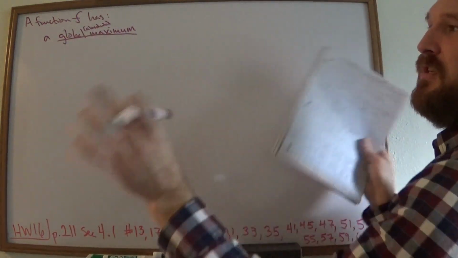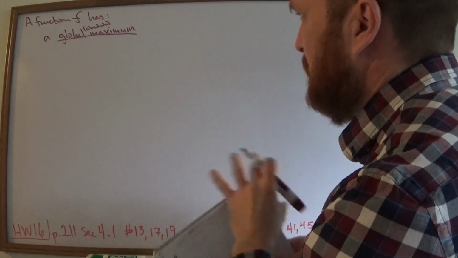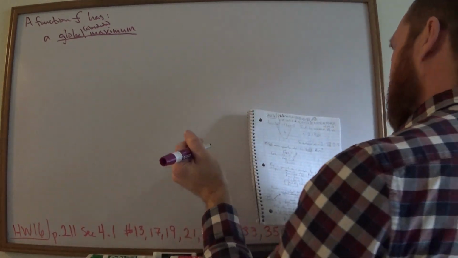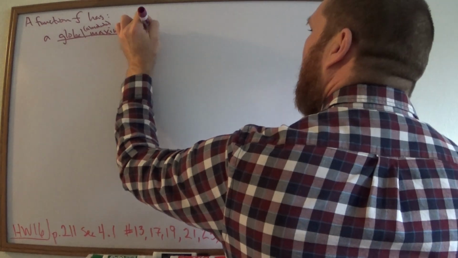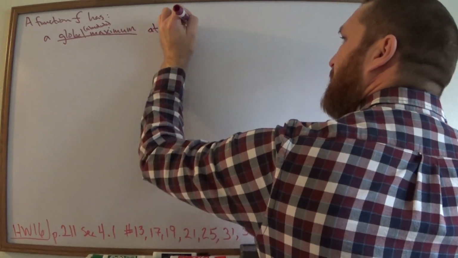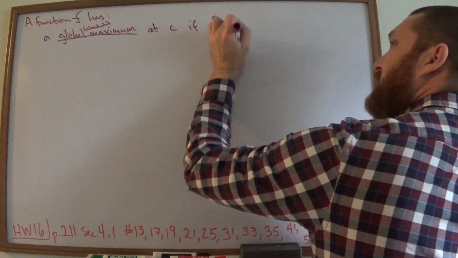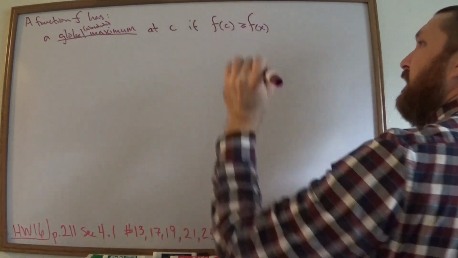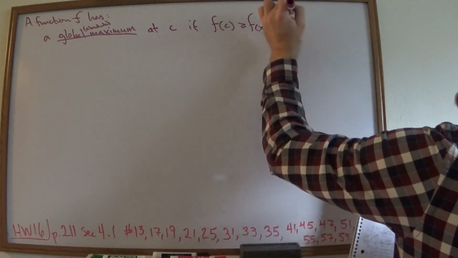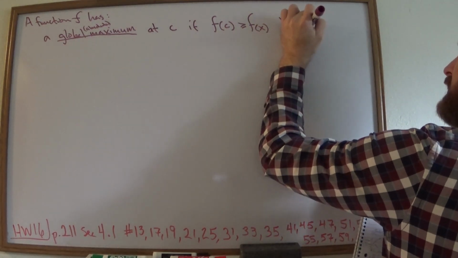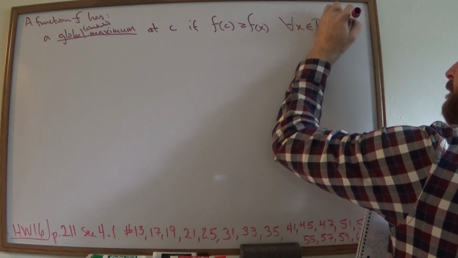Those two are interchangeable. If I ever say absolute maximum, it means the same thing as a global maximum. A function f has a global maximum at a number c if f of c is bigger than or equal to f of x for all x in the domain of f.